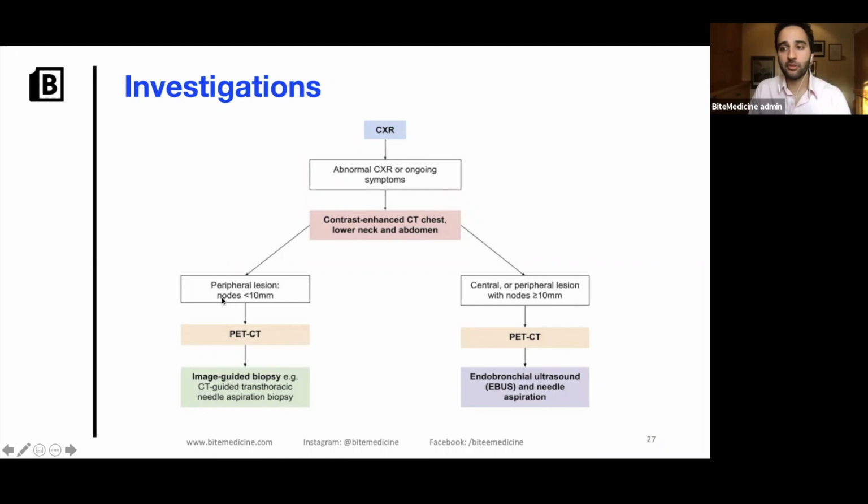If it's peripheral and below 10 millimeters, then you do PET CT, and you could do image guided biopsy, so transthoracic, classically using CT. Or if it's central, or if it's peripheral and 10 millimeters or above, then PET CT and that endobronchial ultrasound and needle aspiration that we were talking about.